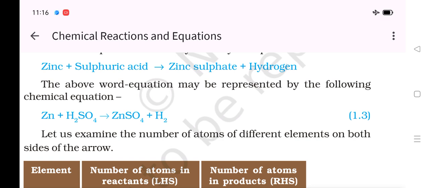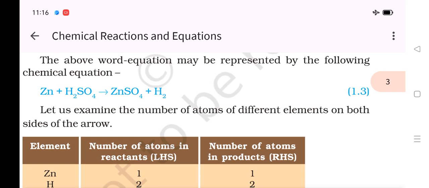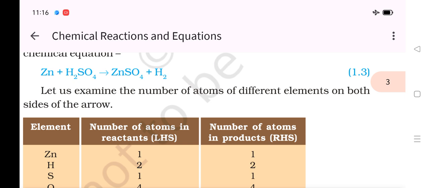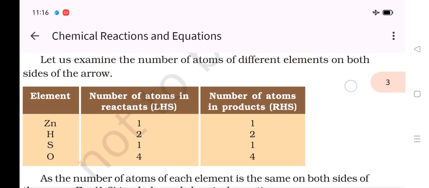The above word equation may be represented by the following chemical equation: Zn plus H2SO4 arrow ZnSO4 plus H2. That means Zn plus H2SO4 gives ZnSO4 plus H2. Let us examine the number of atoms of different elements on both sides of the arrow.